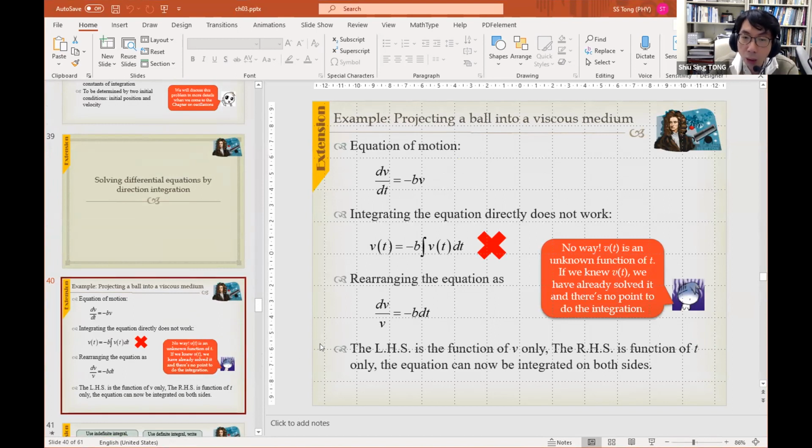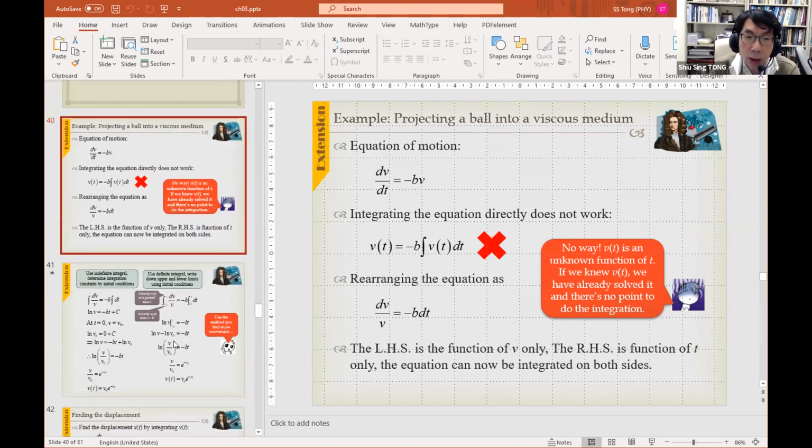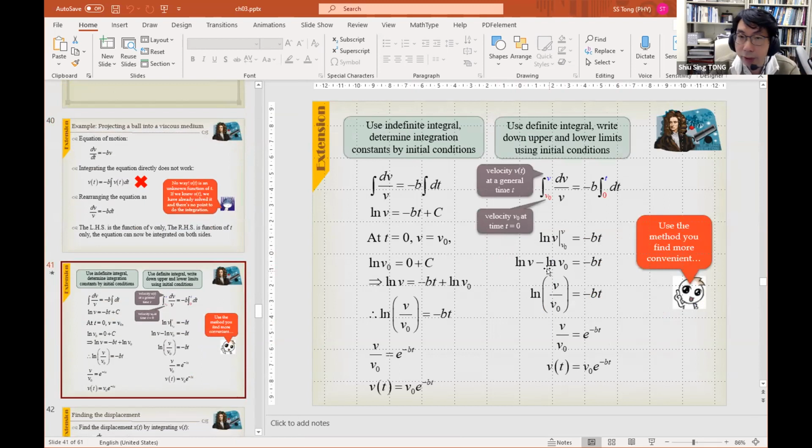For this simple differential equation, we can put all the velocity on one side, and all the time dependence on the other side, so that the two sides can be integrated together to get the solution. That's what we have done in the previous lecture.